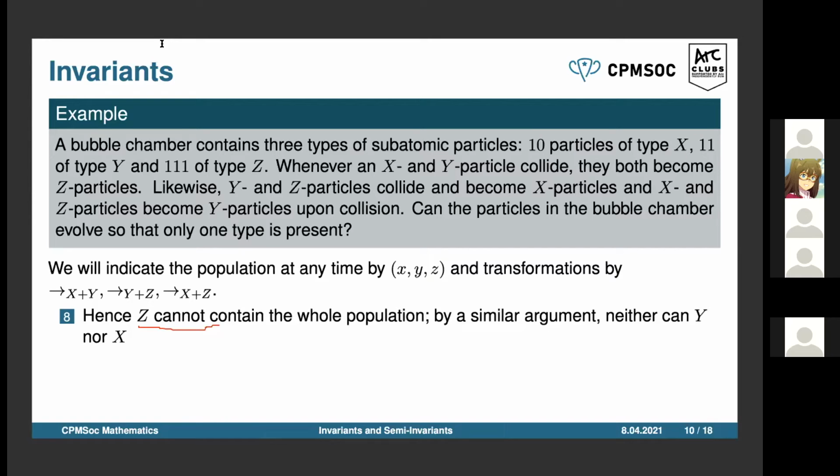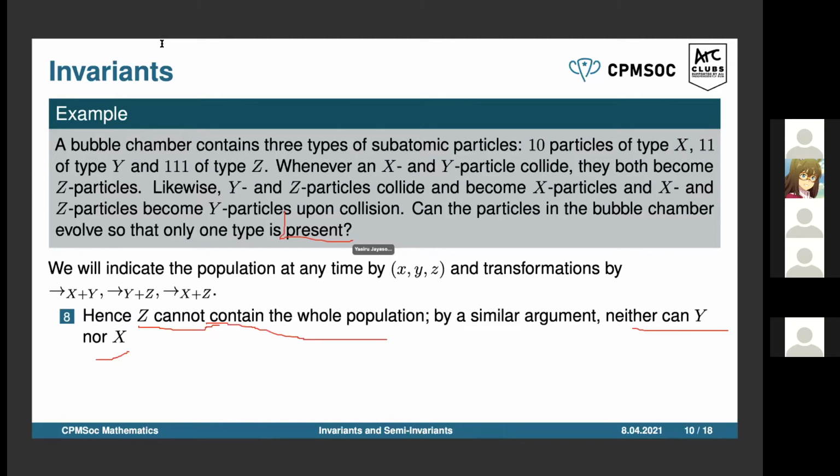So you can't have everything being Z. And using a similar argument, you can't have everything being Y or everything being X. That's the end of the solution.